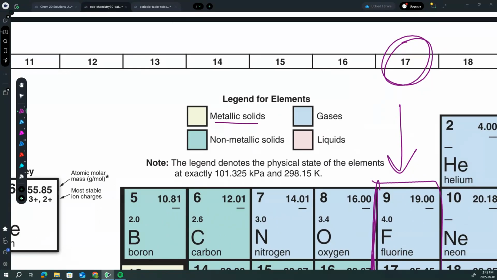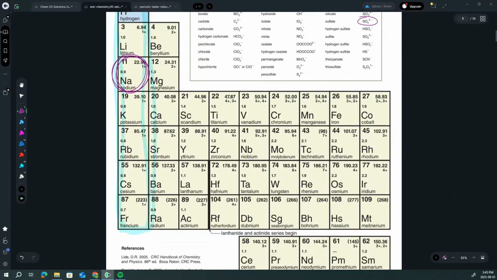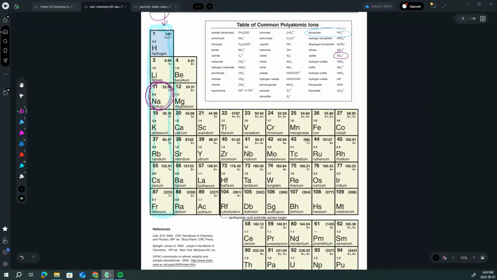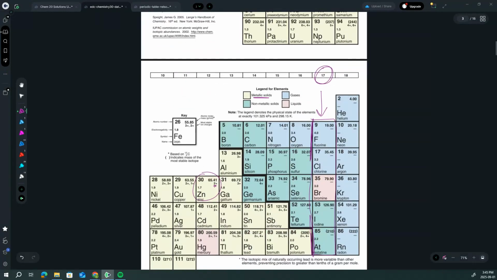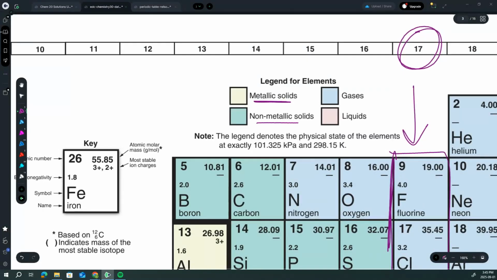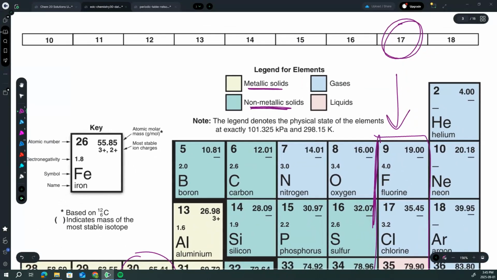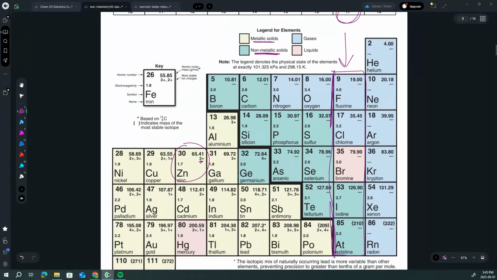Metallic solids are all going to be yellow. So most of what's on the left-hand side of the staircase there, those are all solid metals. Whereas anything that is colored in green is going to be a non-metallic solid, just to the right of the staircase line, this bolded line right here.